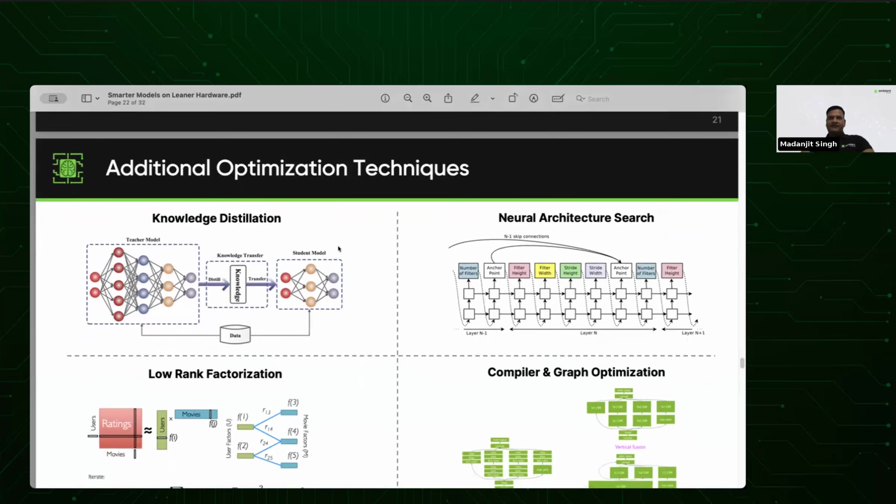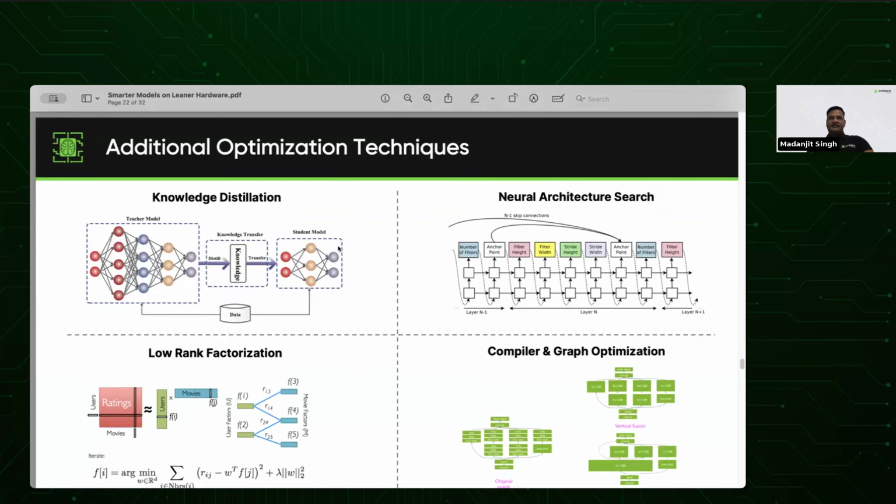The additional optimization techniques we have already discussed. Knowledge distillation, like a smart student mimicking a large teacher. Low-rank factorization, which uses a concept called singular value decomposition. It's generally used for model compression and dimensionality reduction. NAS, again, is standard and you can go and search for it.